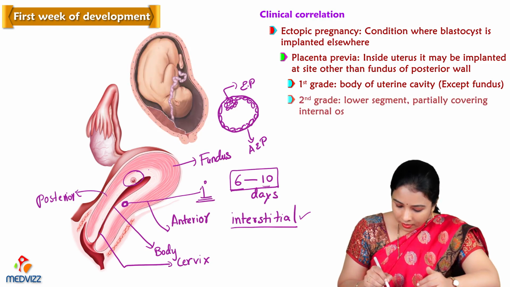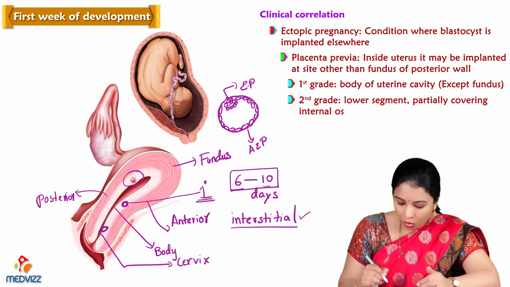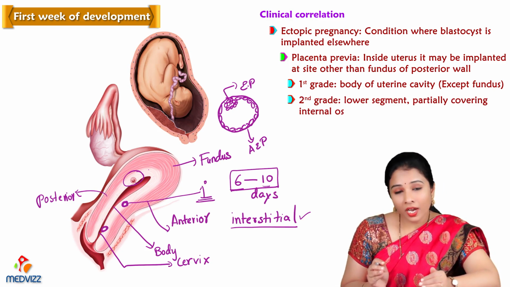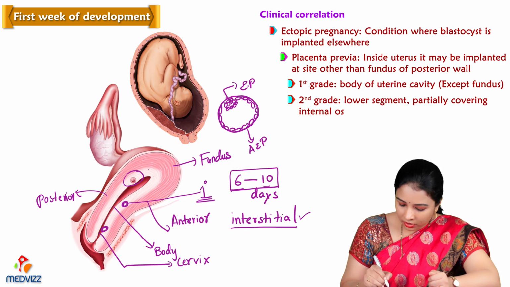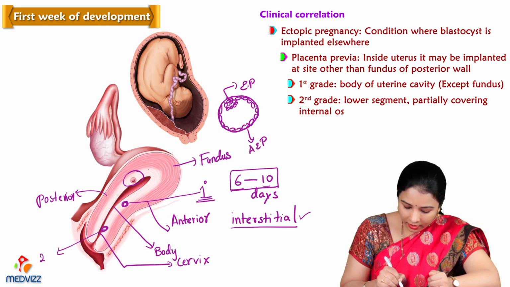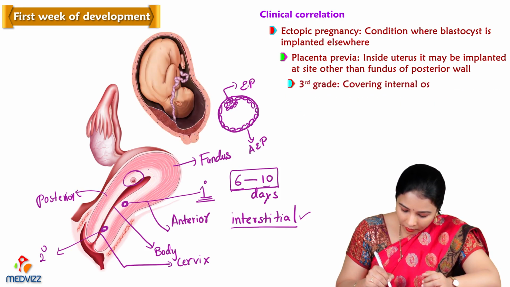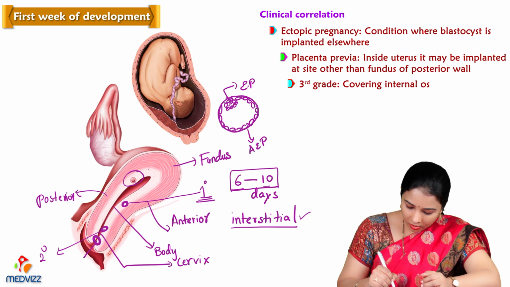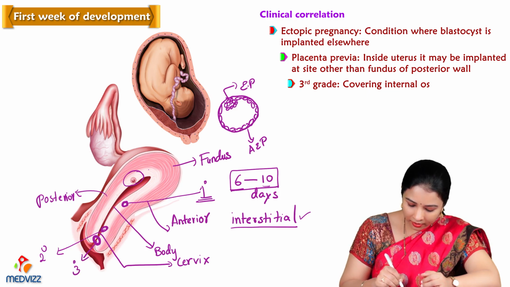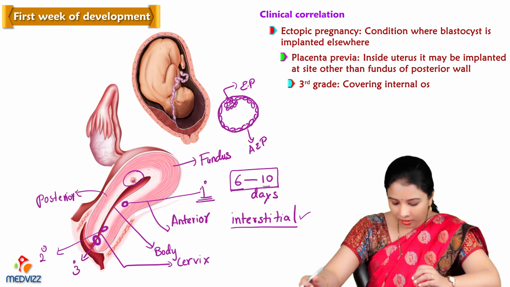And if the implantation occurs in the lower segment, partially covering the internal os, that is the second grade. And the most severe is the third grade, where the implantation occurs covering the internal os. That is the third grade of placenta previa.